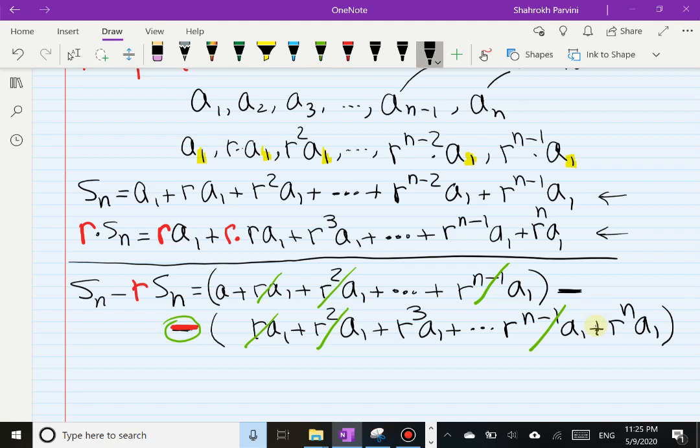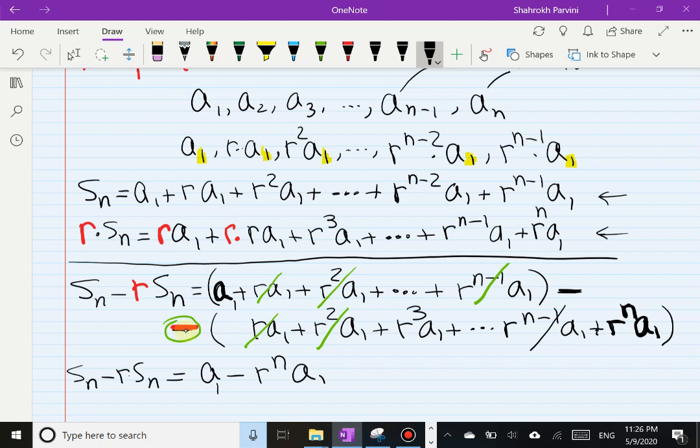All that remains on the right side is this a1 right in here and r to the n a1 from down here. But remember, there's a subtraction in front of the parentheses, so this becomes a1 minus r to the n a1, and the left side is S sub n minus r S sub n.